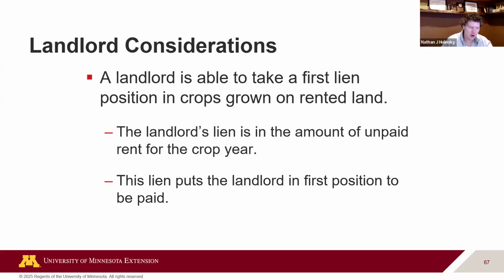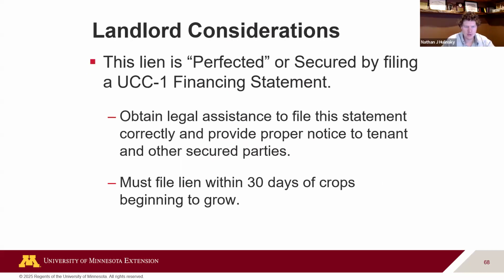So the same thing in the farming world here. If the farmer isn't going to pay the landowner, this lien is the legal obligation that a farmer has to pay the landowner. I have had landowners tell me they file this lien every single year for peace of mind. It is fairly inexpensive. I believe it's under $50 to file this. As you see, it has to be perfected or secured by filing this UCC1 financing statement.